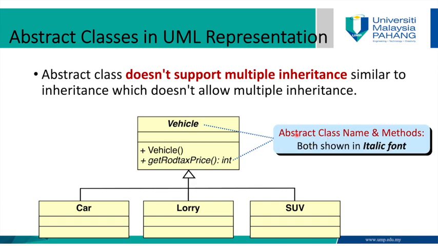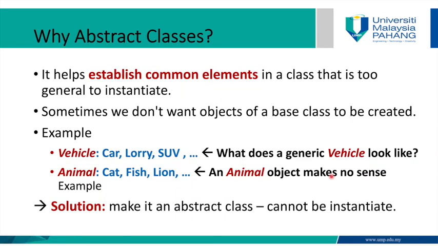Here the abstract class is vehicle, and the abstract method is getRoadTaxPrice. If there are limitations like that, why should we use an abstract class? There is a reason. It helps you establish the common elements in a class that is too general to instantiate.